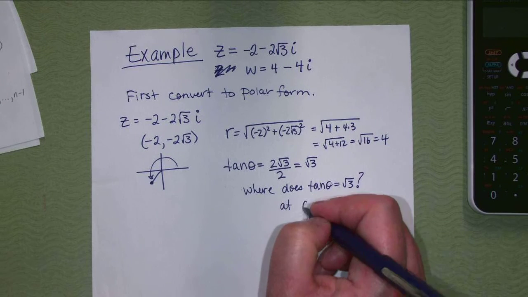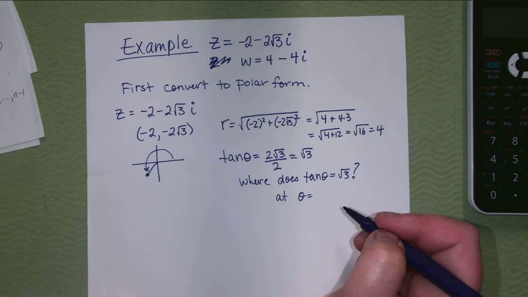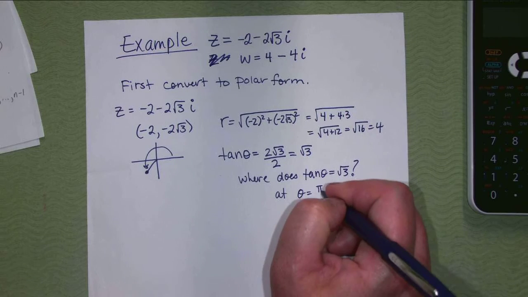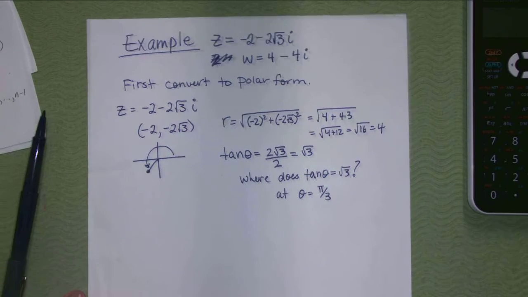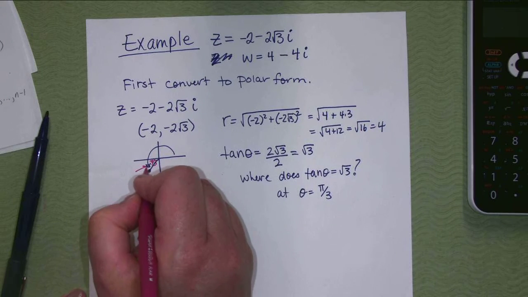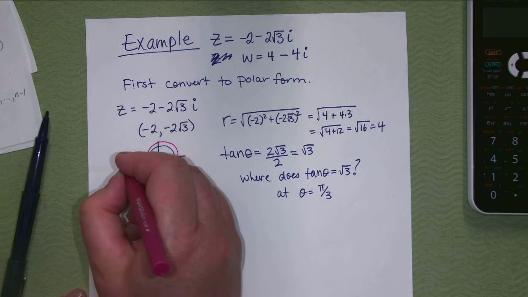So those are our memorized values. It's equal to root 3 at pi over 3. So this reference angle right in here is pi over 3. So what's this? This would be 3 pi over 3 all the way here, and then we want one more piece.